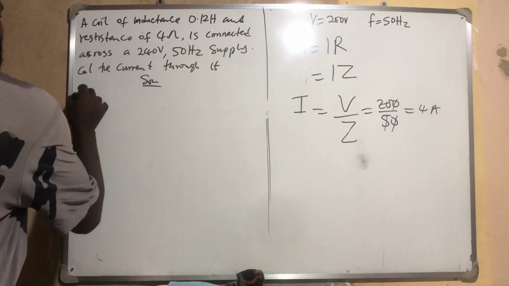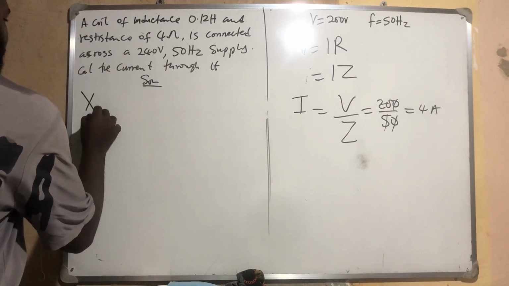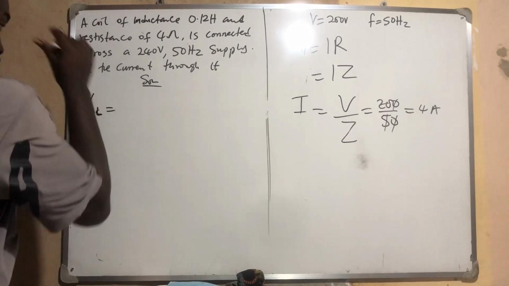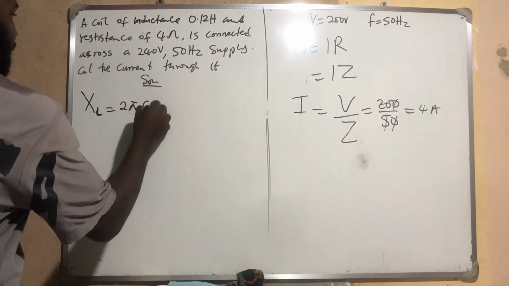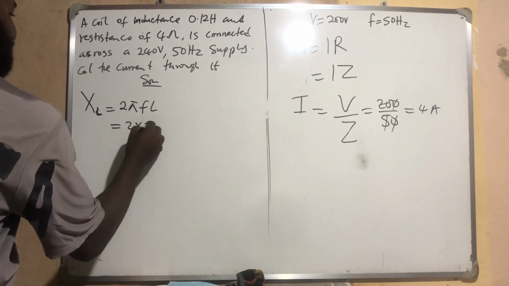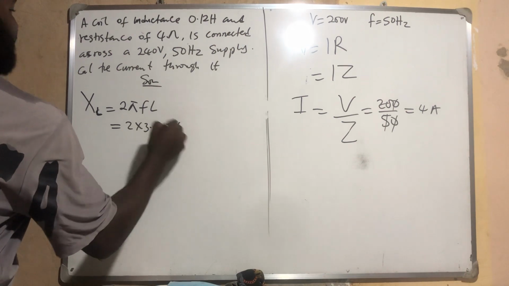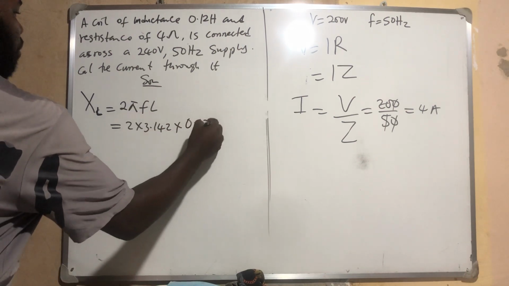So we have that XL, there is no 1 over in this one. It's just 2 pi FL, which is 2 times 3.142 times my L here, which is 0.12 Henry.